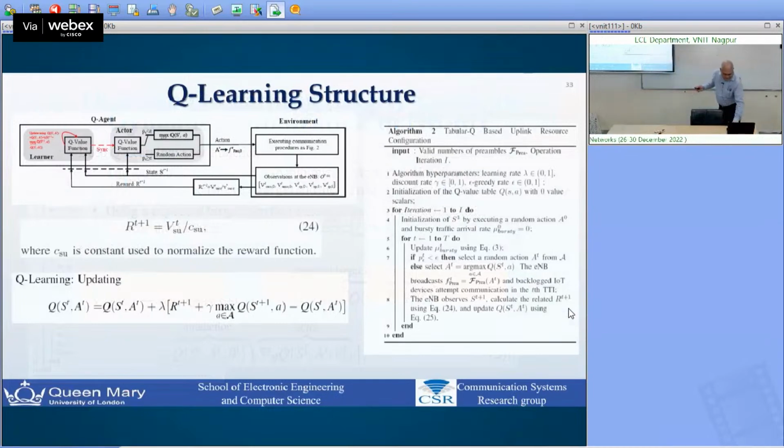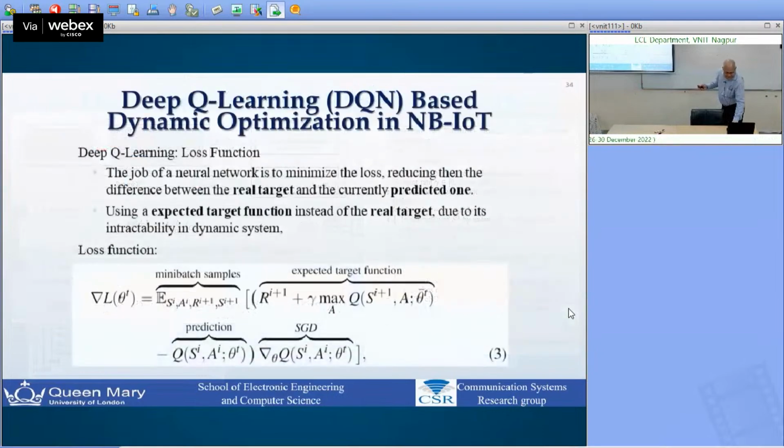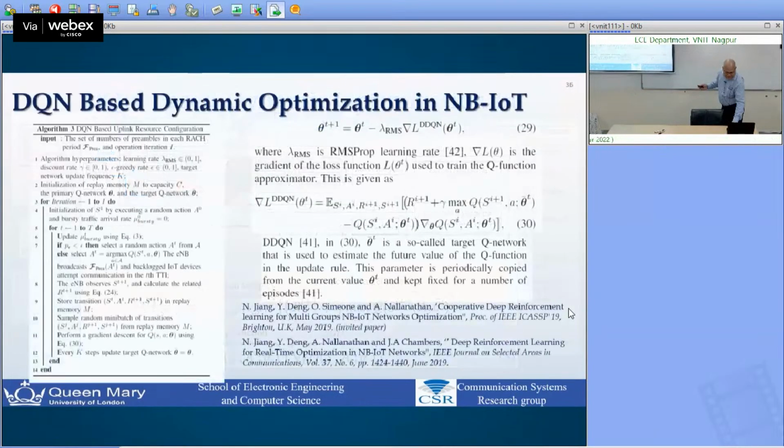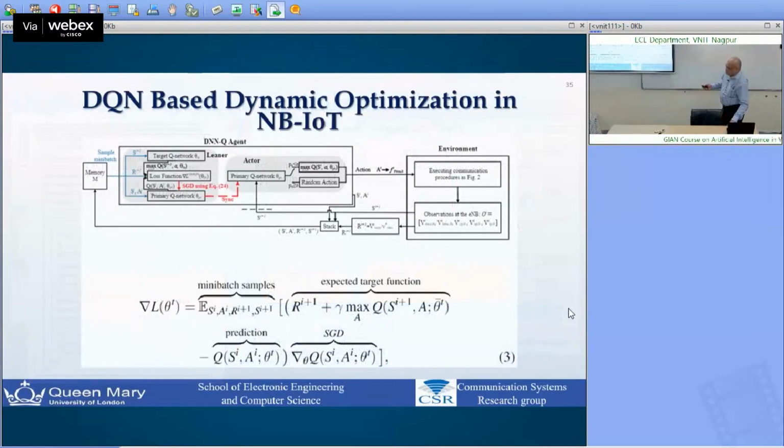So in double Q learning, as I mentioned earlier, this part, for this operation, we have a separate neural network.